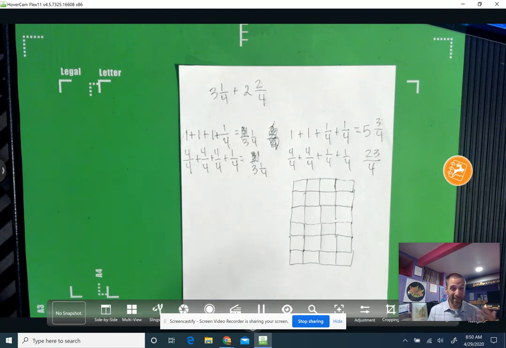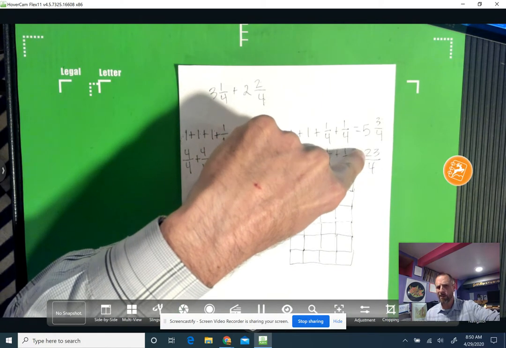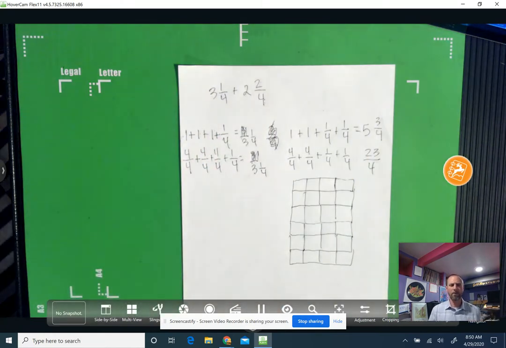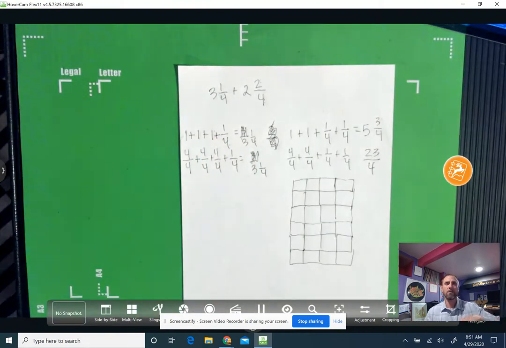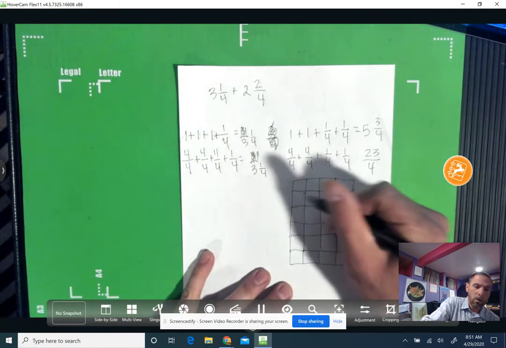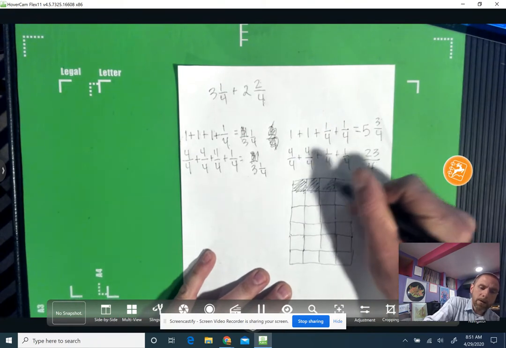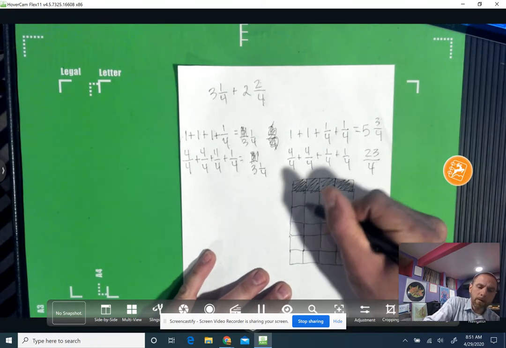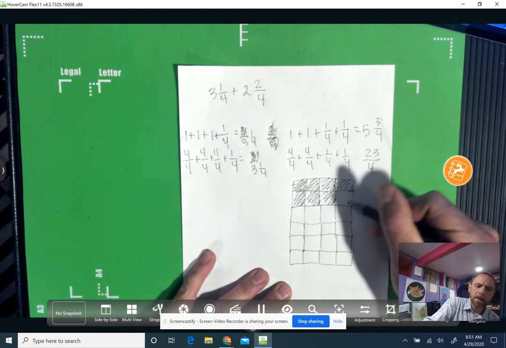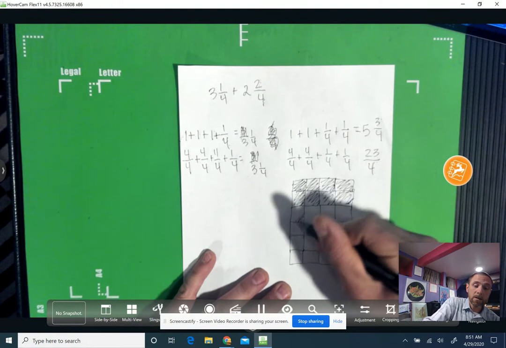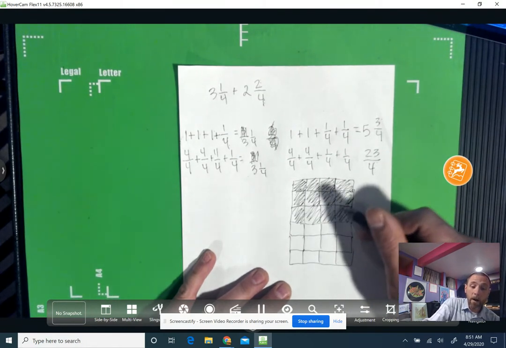So let's shade these in, and you can see how we have more than just a fraction when we're dealing with 23 fourths. We have all these wholes, 4 fourths, 4 fourths, 4 fourths, 4 fourths, each equaling one whole. So we have 1 fourth, 2 fourths, 3 fourths, 4 fourths, 5 fourths, 6, 7, 8 fourths, 9, 10, 11, 12 fourths.